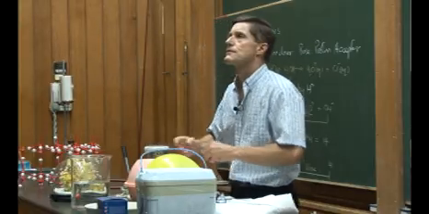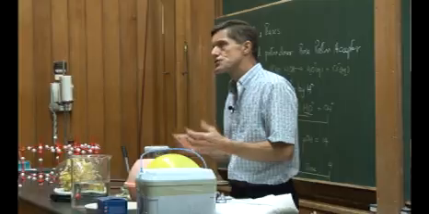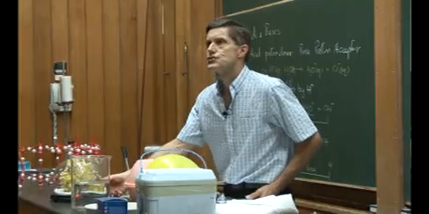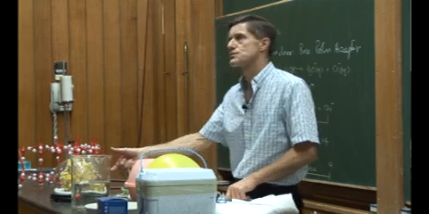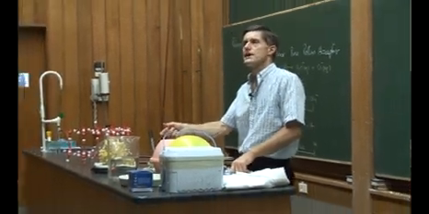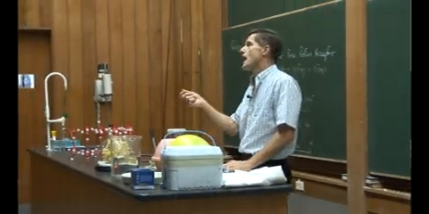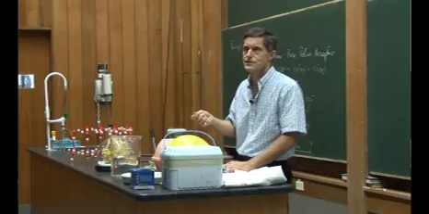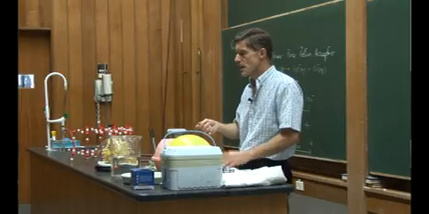A liquid adopts the shape of a container that it's in, and so it can change its shape, and the difference really between a liquid and a solid is that the particles in a liquid have much more translational motion. They can move around with much greater ease.